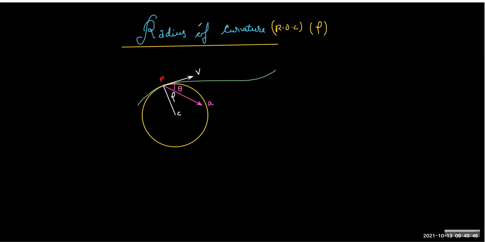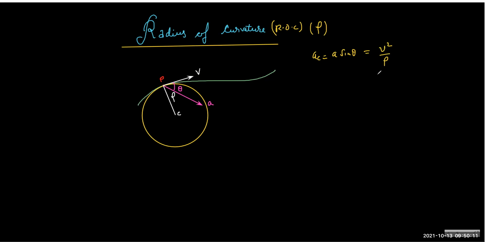So the idea is simple. To find the radius of curvature, we need centripetal acceleration. If you give me a and theta, I can find the centripetal acceleration easily. It's a sin theta. But since you have given me the velocity also, we can also write this as v square by r.